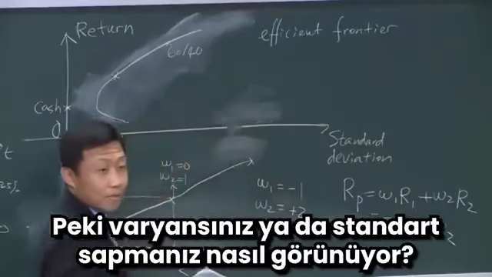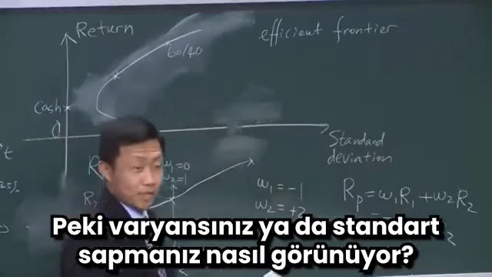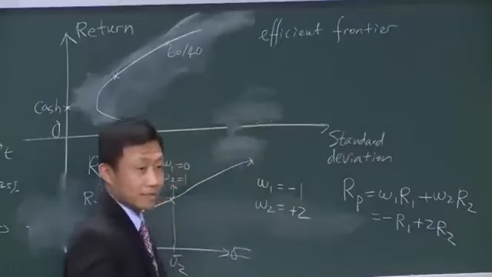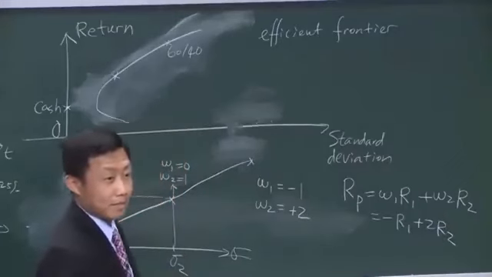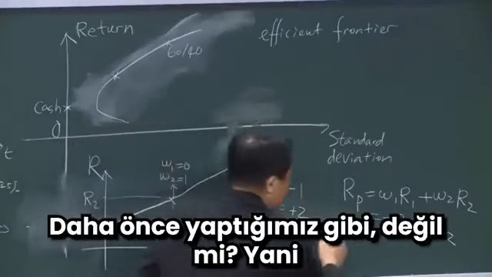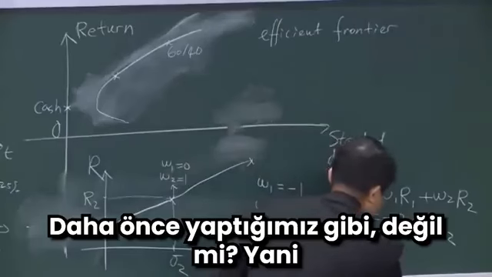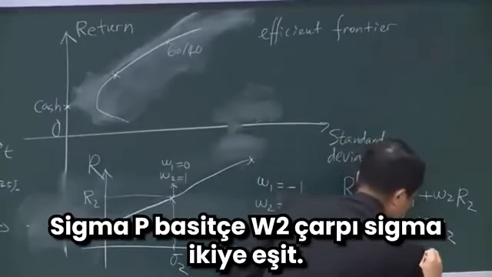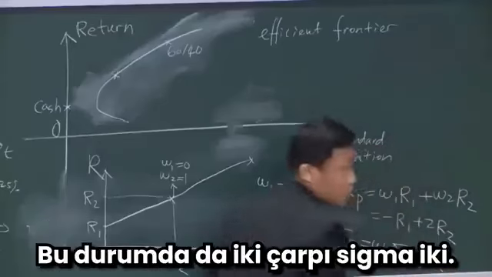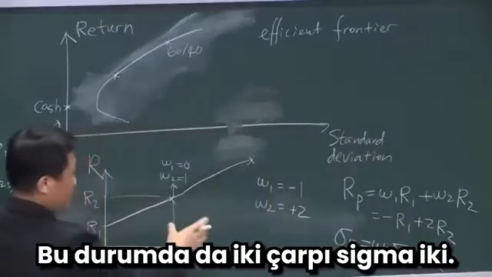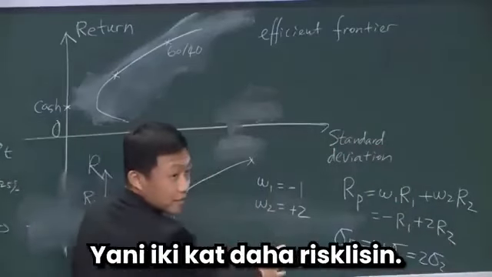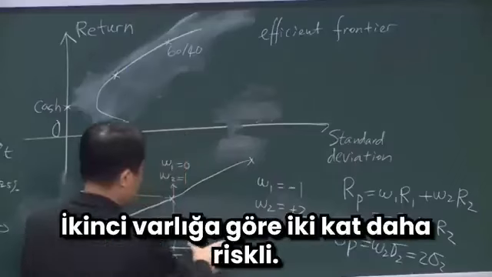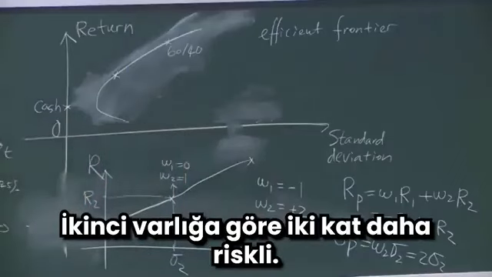What does your variance or standard deviation look like? As we did before, sigma p is simply equal to W2 sigma 2. So in this case, it's 2 sigma 2. So you're 2 times more risky, 2 times as risky as asset 2.